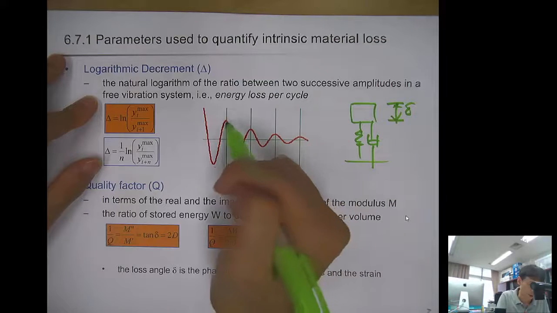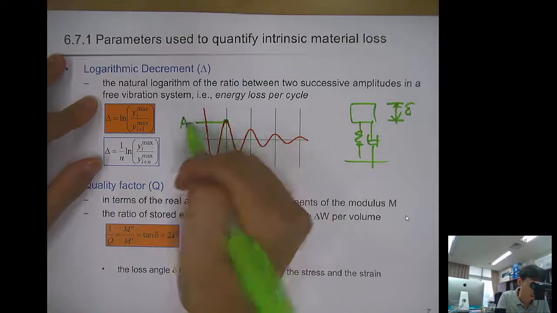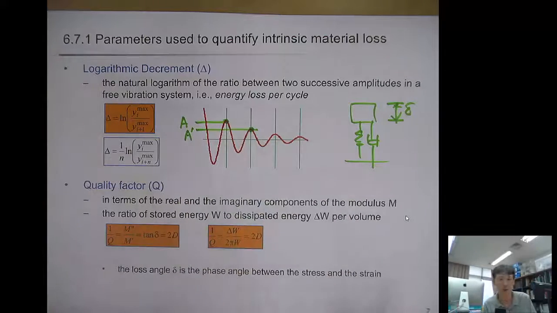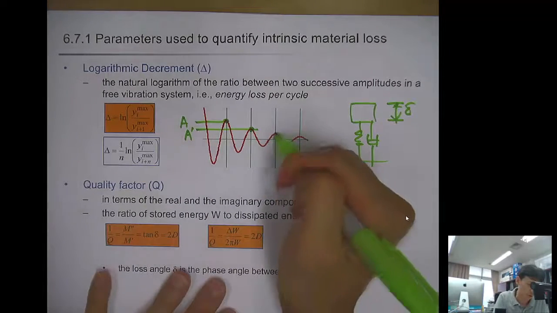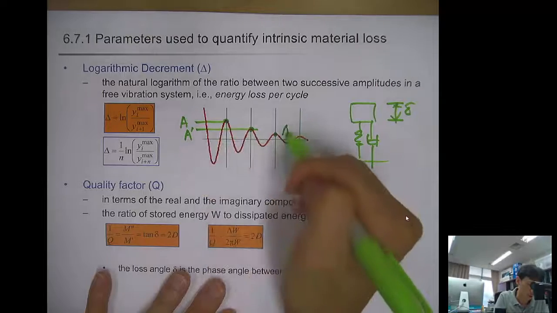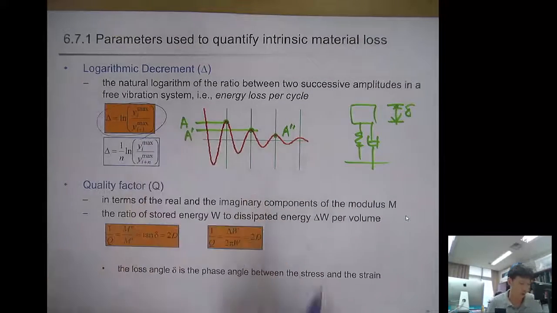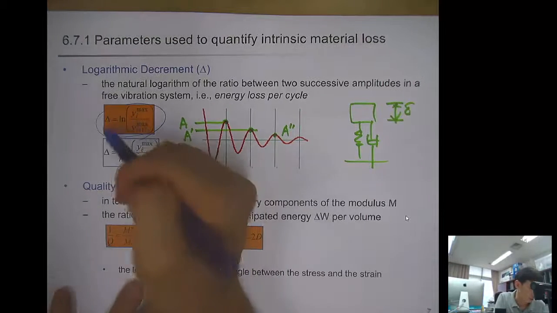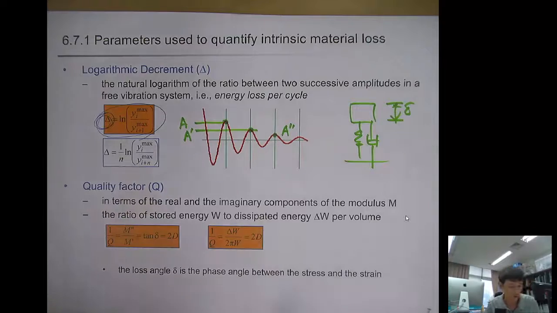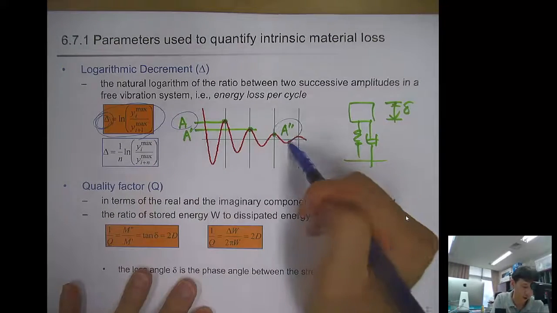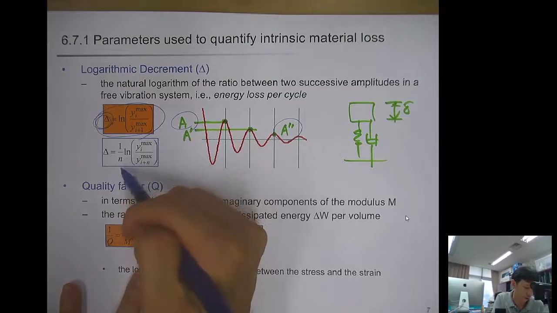If you pick this amplitude A and the amplitude after one cycle, or maybe this one, A double prime, then by looking at the logarithmic decrement we can compute the delta. Or looking at the average, you can compare A and A double prime and use the number n of 2 here.